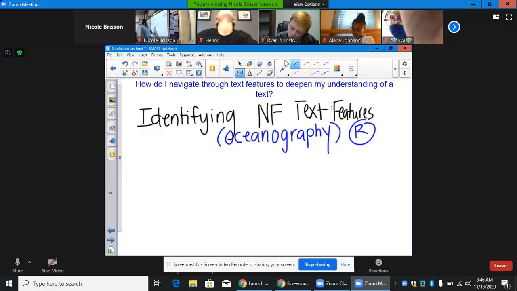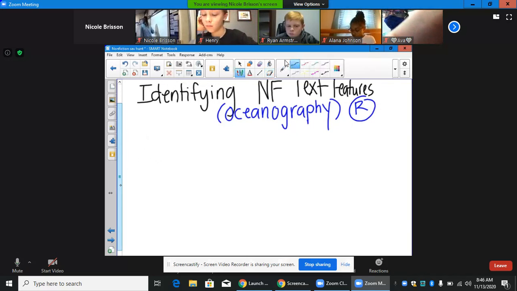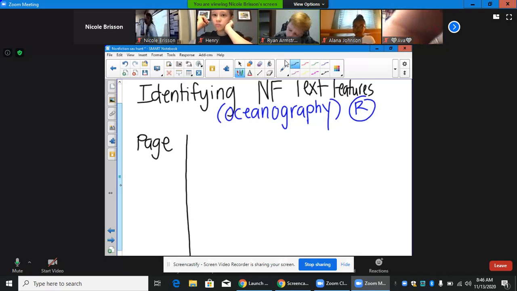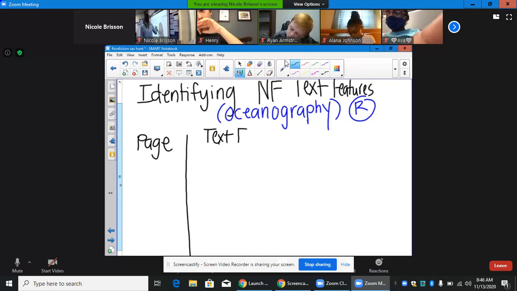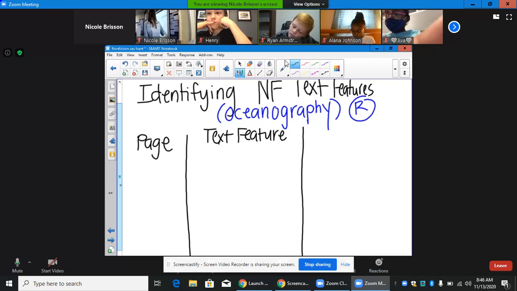I'm going to scroll down a little bit. We're going to have page, and that can be smaller. We're going to have text feature, and your line is going to go all the way down the page. And then we're going to have purpose.